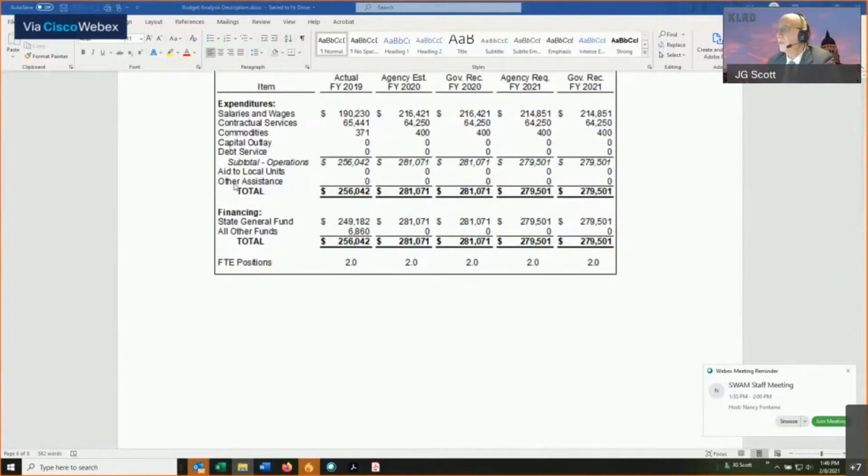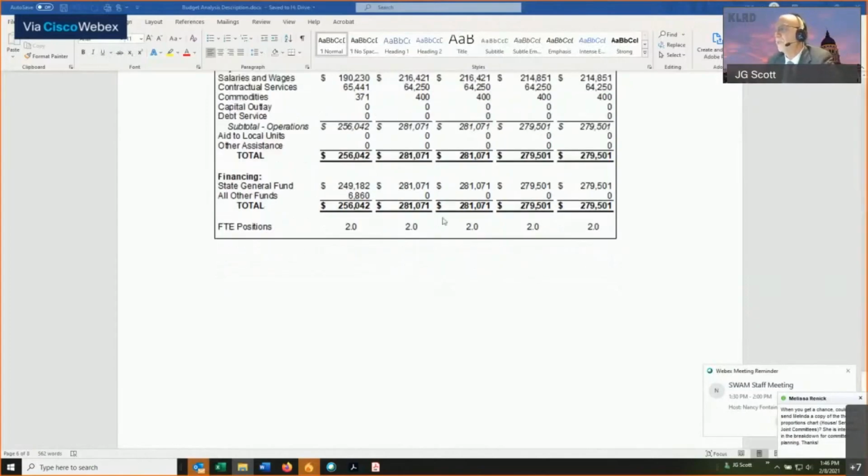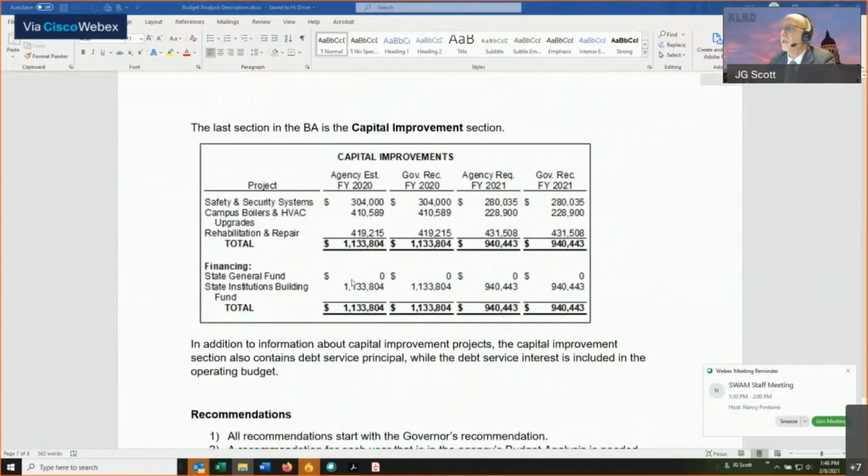That's other assistance, grants and benefits. Some examples would be some of the Medicaid payments, tuition payments, scholarships, are types of other assistance. And then how those are funded, once again, with the number of FTE.